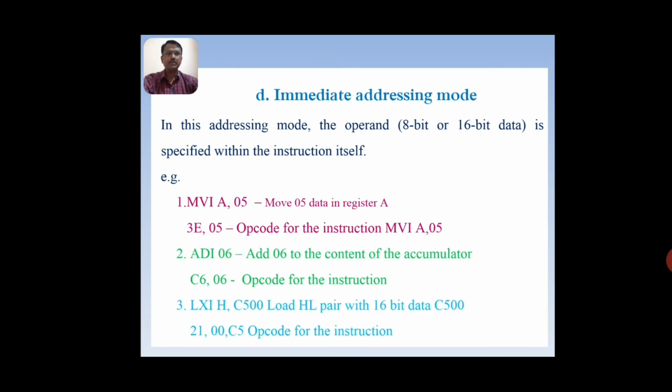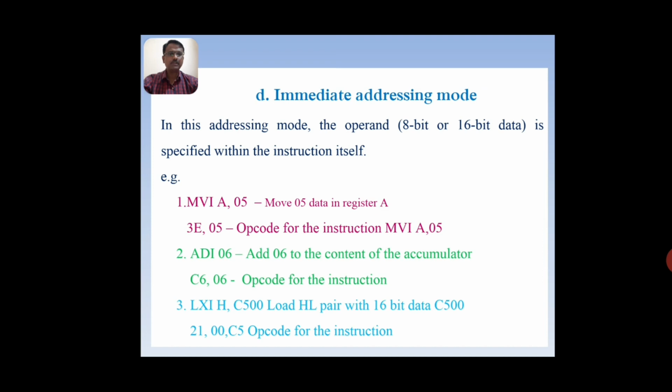One more example where 16-bit data is given, LXI H, C500, load HL pair with 16-bit data. C500 could be the address of a memory location somewhere, but here that C500 is considered as the data to store into the HL pair, so that the content of L will become 00 and the content of H will be C5. LXI H has one opcode, that is 21.